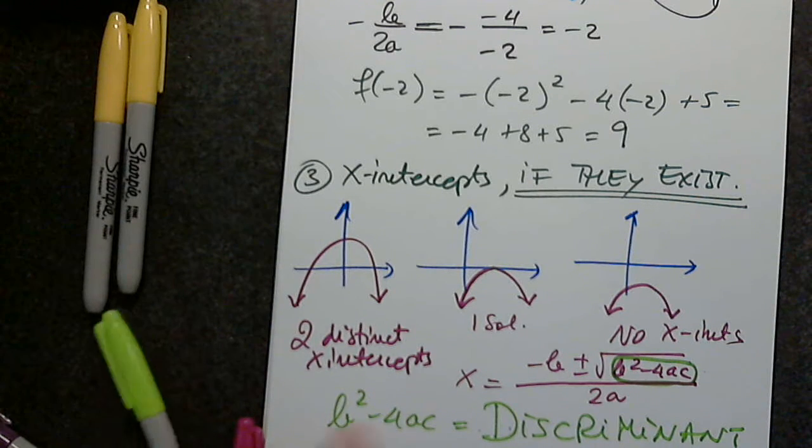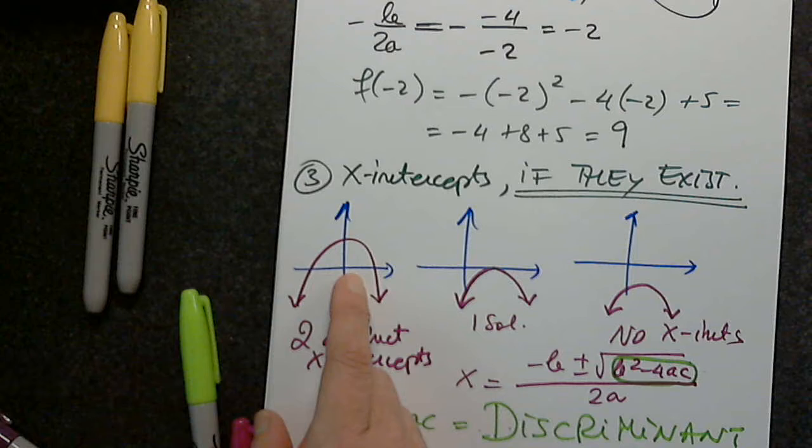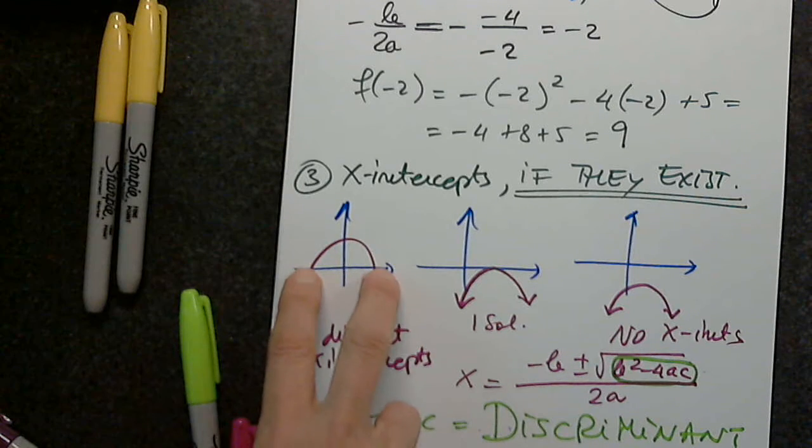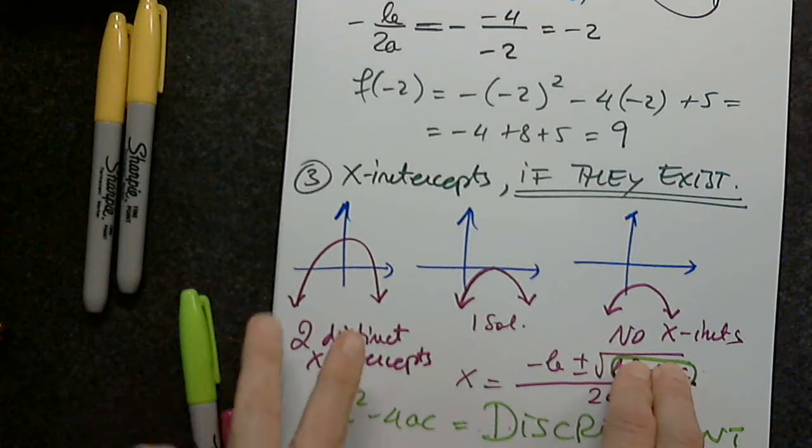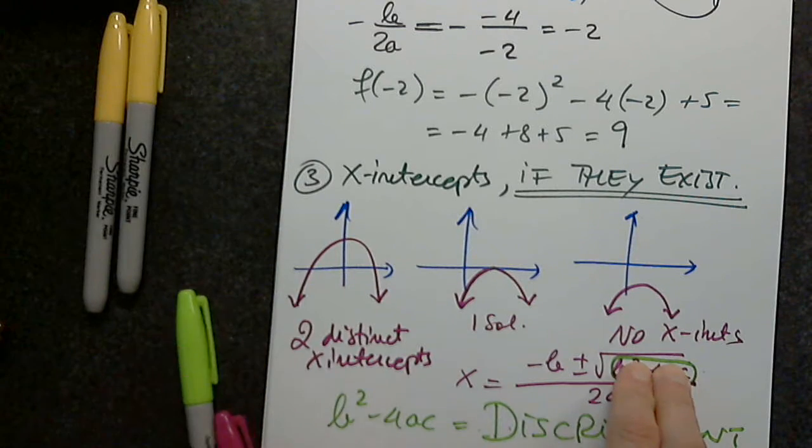Now, what type of number will the discriminant be here when we find two distinct solutions? Distinct meaning not the same. Remember, real numbers can be positive, 0, or negative. Positive, exactly. So this quantity must be positive because we get two distinct solutions.